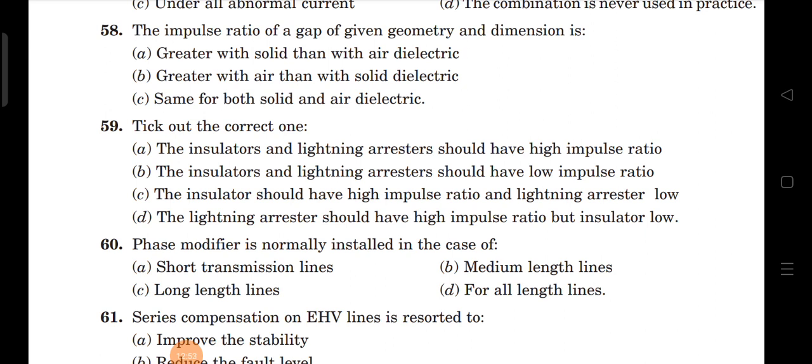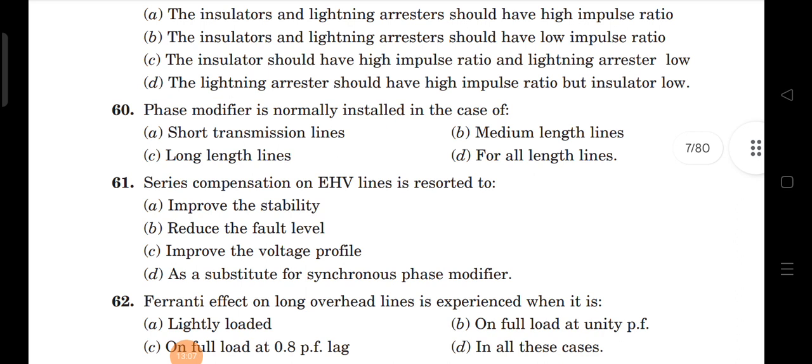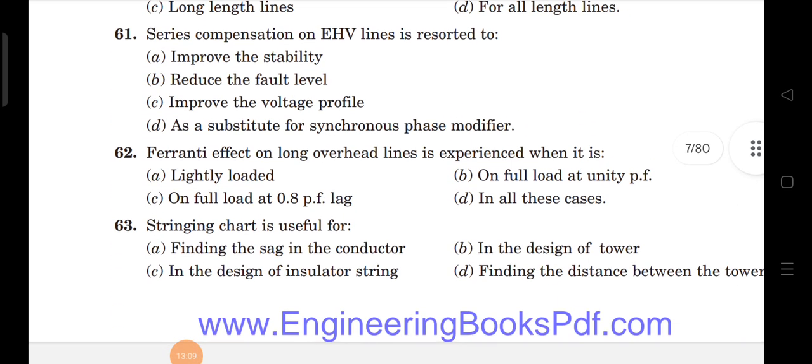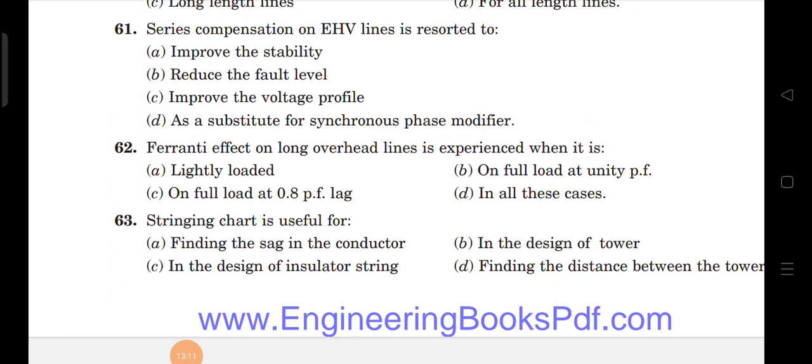Next, 60th question. Phase modifiers are normally installed in case of long transmission lines. Okay, next, 61st question. Series compensation on EHV line is resorted to, always, to improve stability.